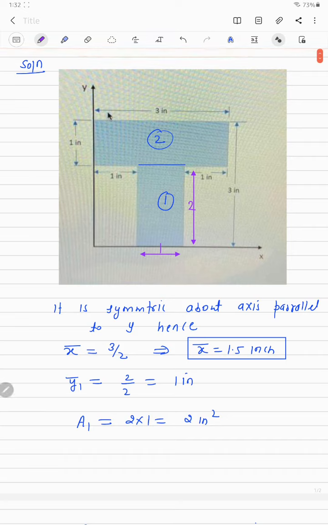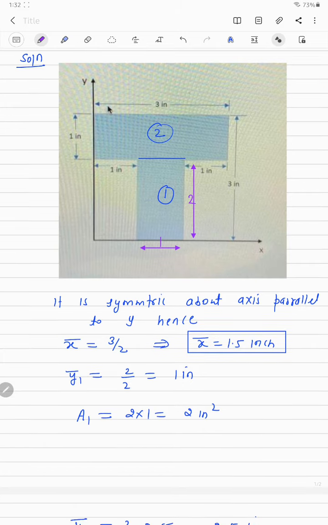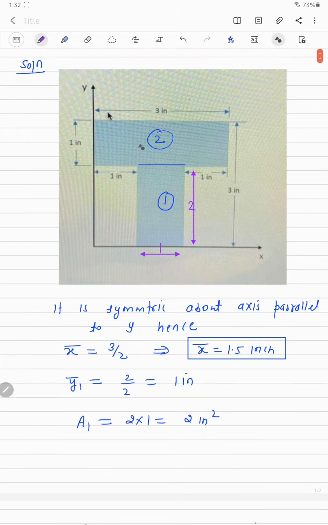Now focus on shape 2. One thing that we generally make a mistake on is taking all distances from the reference axis. So for shape 2, when we take the y coordinate of its centroid, it won't be 0.5, it will be the distance from the x axis. The y coordinate of this will be this one.